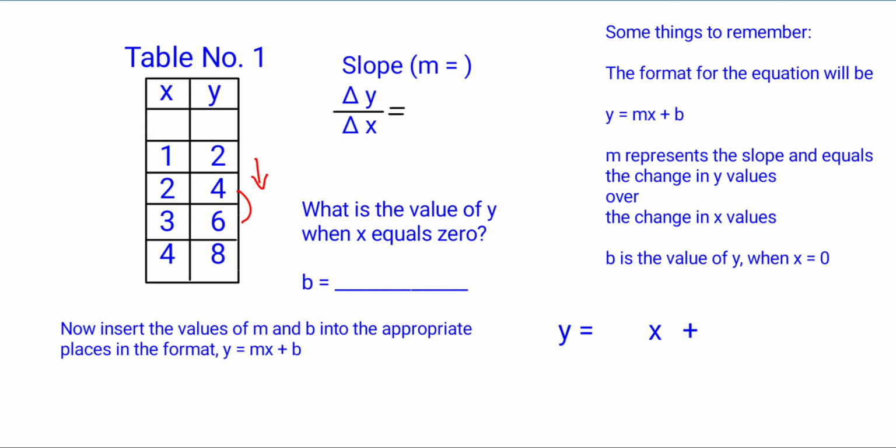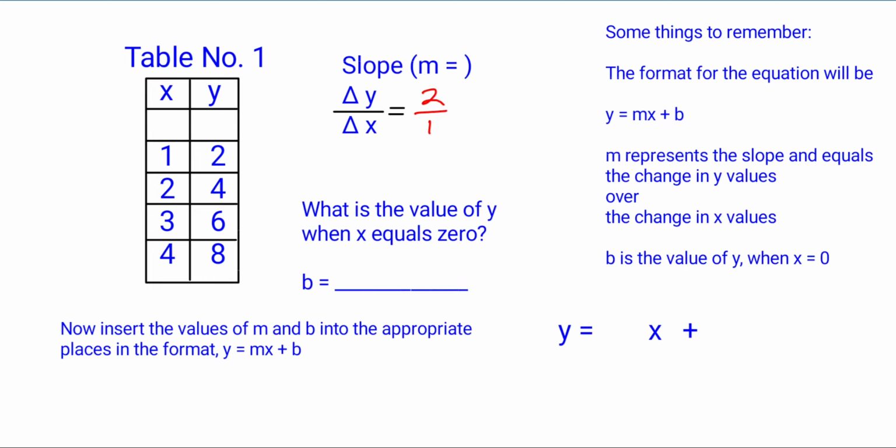I'm adding 2 going down, so my change in y is 2. Now, going down on the x side, I'm adding 1. 1 plus 1 is 2, plus 1 is 3, plus 1 is 4. So I'm adding 1, and my slope is going to be 2 over 1.